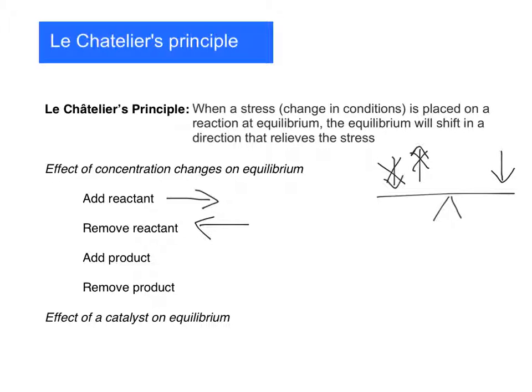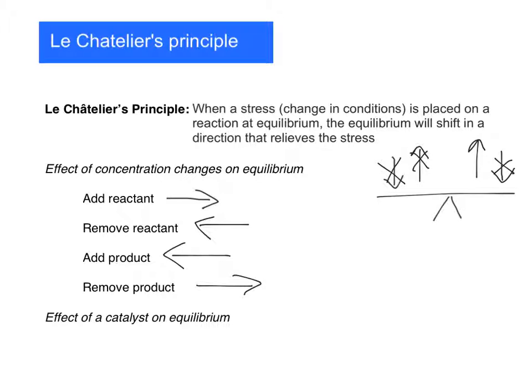So now we have too much on the right side of the reaction. And so in order to compensate for that, the reaction will again have to shift left. All right, and then for the last one, if we remove product, that's just the opposite of what we just did, and we'll have to form more products in order to reestablish equilibrium. Okay, so that's how changing the concentration affects our equilibrium.